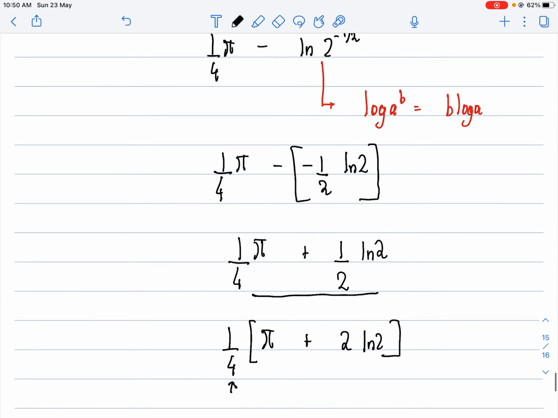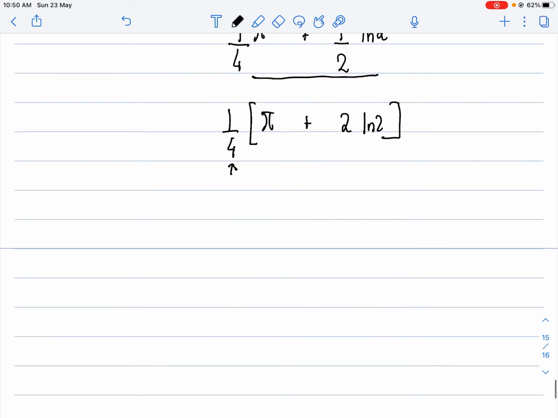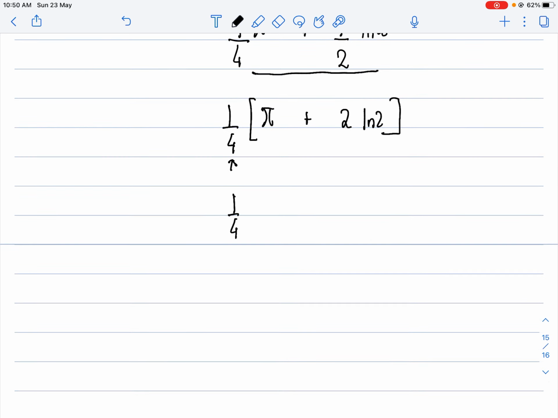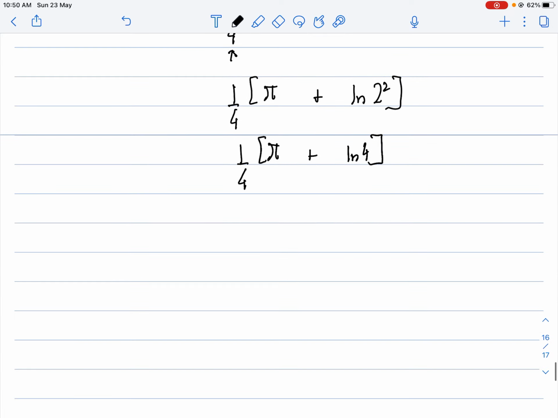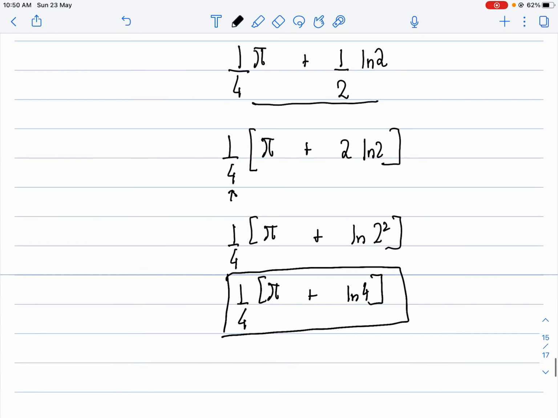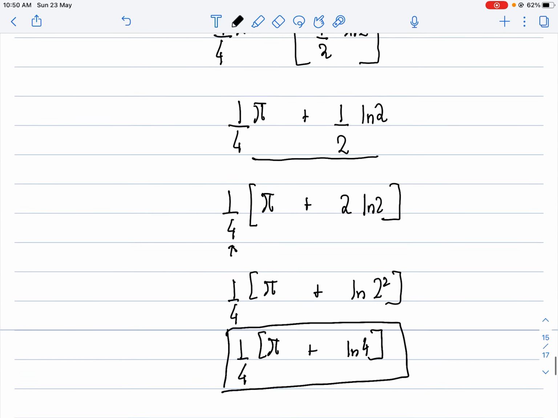Now using this property again, I can simply write this as 1 over 4 with pi plus ln 2 square, which can basically be written as 1 over 4 pi plus ln 4, which is the final answer of my question. Go through the steps again if you didn't understand. Listen to the explanation. But yeah, it's an easy sum to solve.